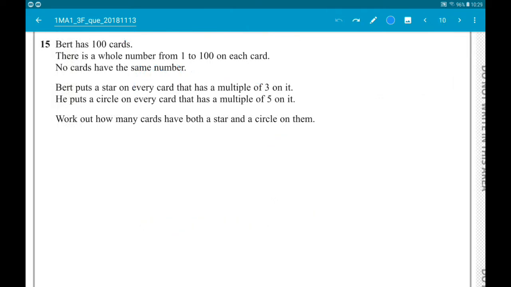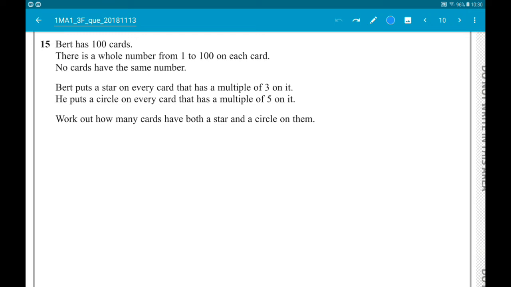Okay, number 15. Bat has 100 cards. There is a whole number from 1 to 100 on each card. No cards have the same number, so every number between 1 and 100 is used. Bat puts a star on every card that has a multiple of 3 on it.